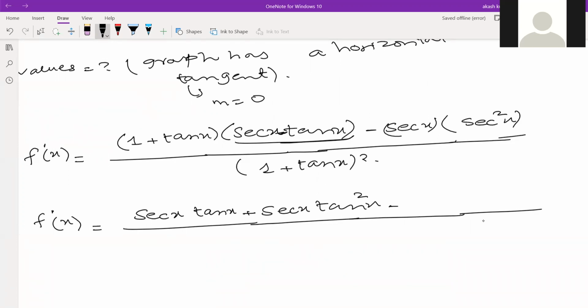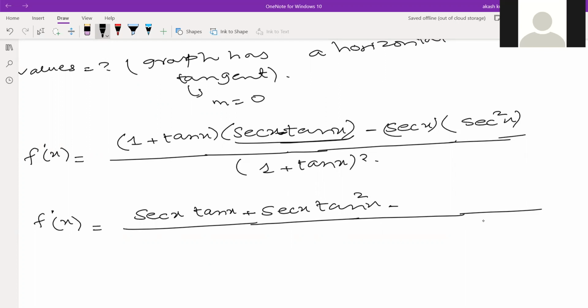So 1 multiplied with sec x tan x plus tan x with the sec x tan x. So it will be sec x and tan squared x. Is it clear? You multiply tan by tan, and sec we leave as it is. So it will be sec x tan squared x minus another formula.